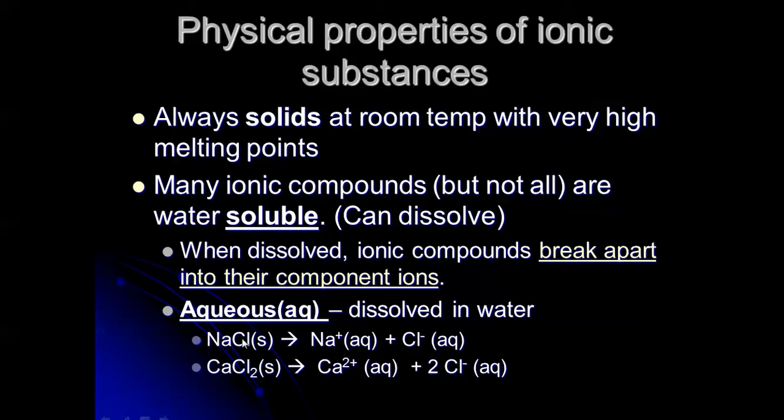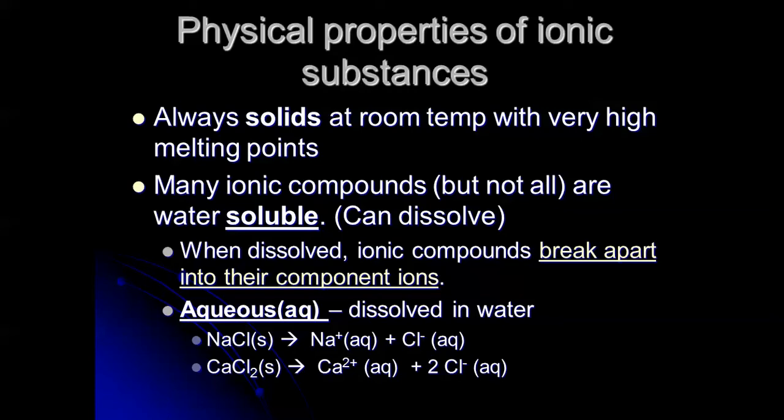When NaCl dissolves in water, the whole thing breaks apart into Na plus ions and Cl minus ions, separated. When calcium chloride dissolves, the entire thing breaks apart into one calcium and two separate chloride ions, so three pieces.